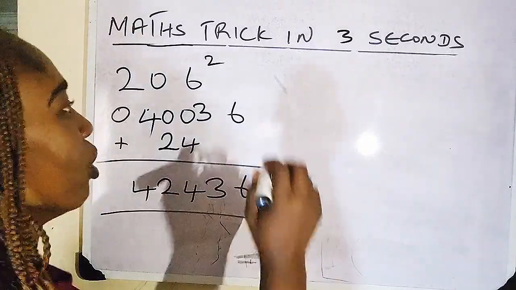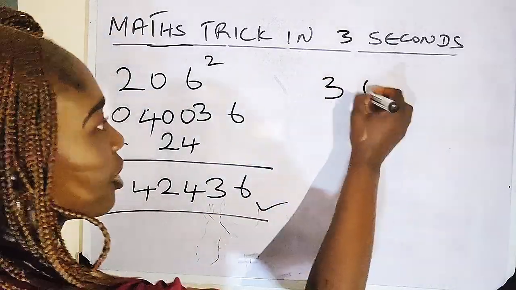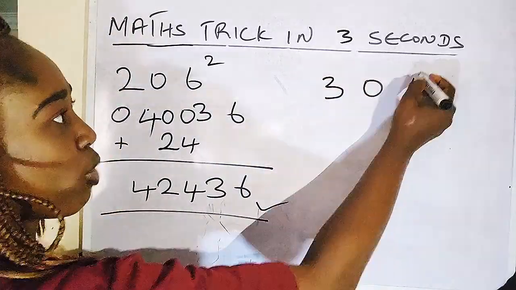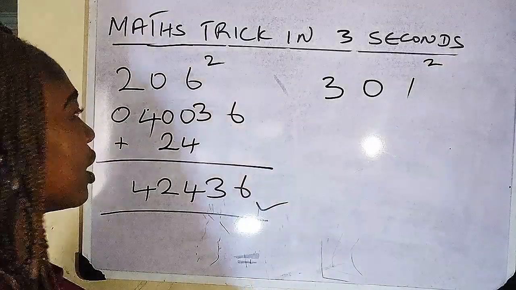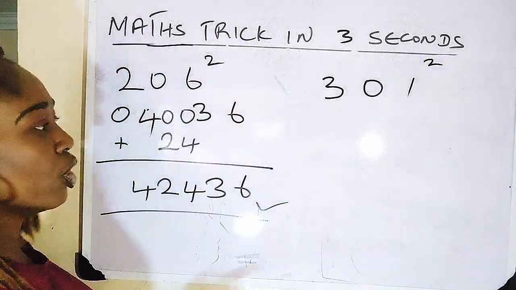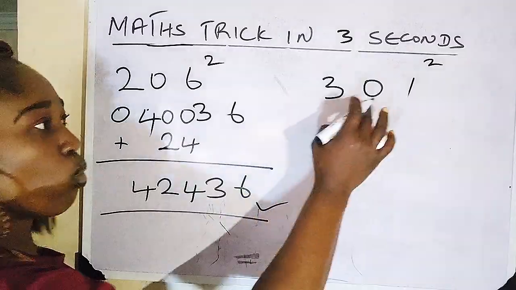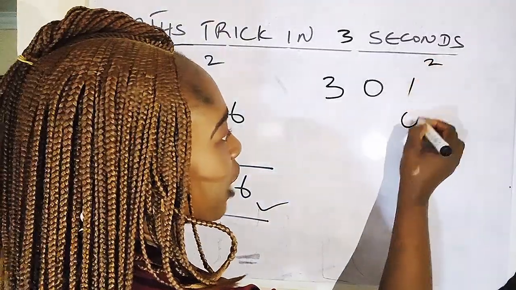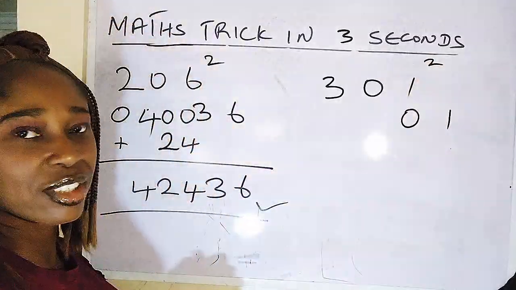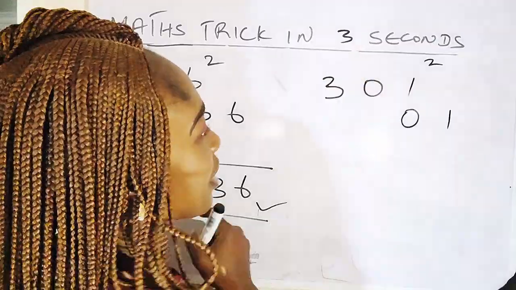Another example, we have 3 0 1. We are finding the square using this second method. Just as we did this, 1 square is 1. Write it in 2 digits. 3 square is 9.